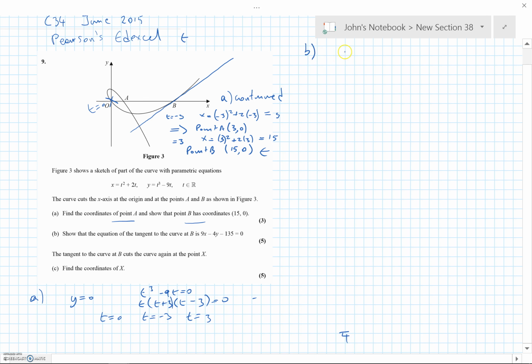So we just need to work out the gradient, and to do that, it's related to the chain rule. We can just differentiate dy by dt and dx by dt, and it would be the quotient of those two. So that's (3t squared minus 9) over (2t plus 2).